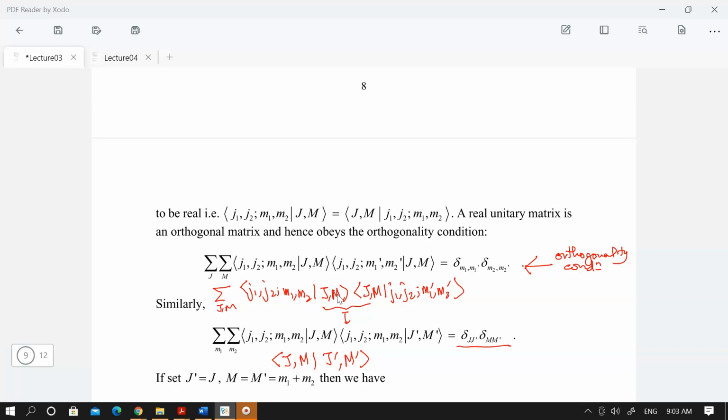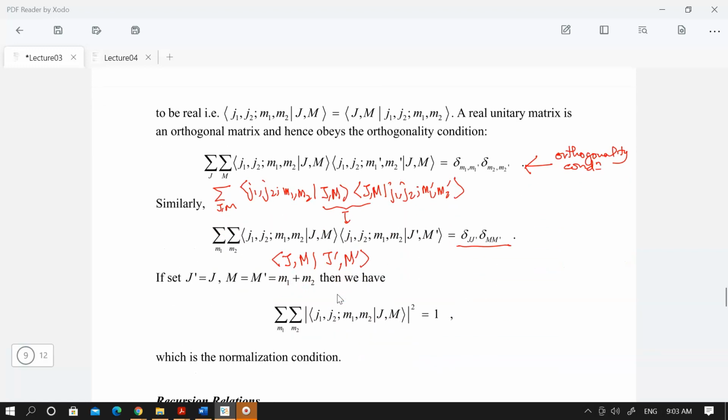So these are conditions that we need for the Clebsch-Gordan coefficient, and of course you also have this condition, which is the normalization condition.